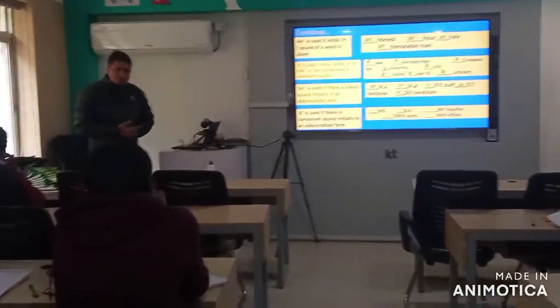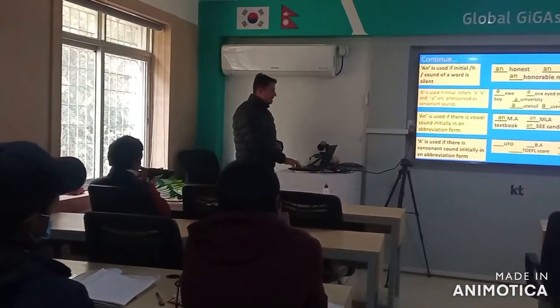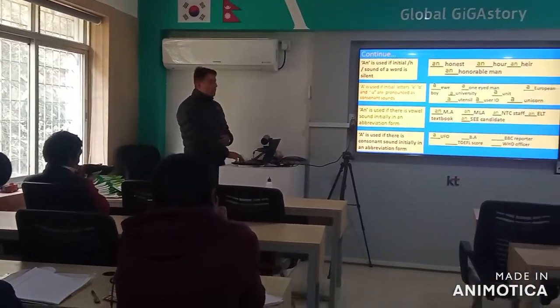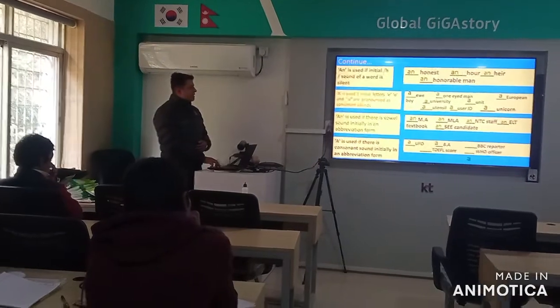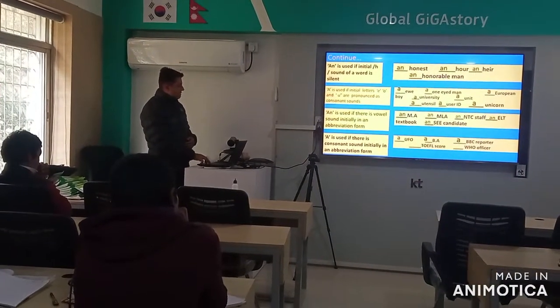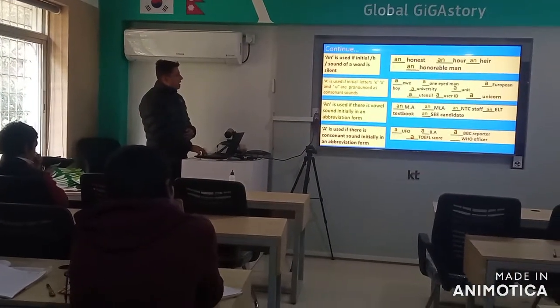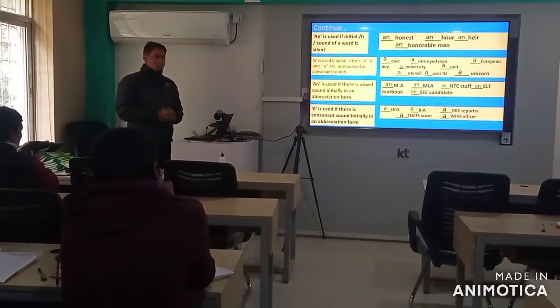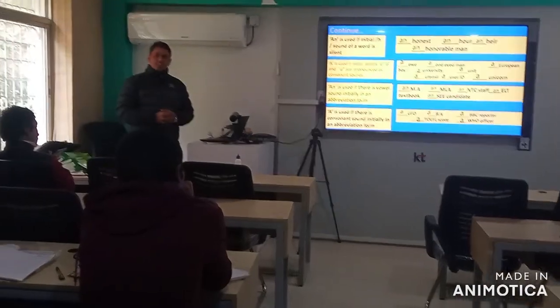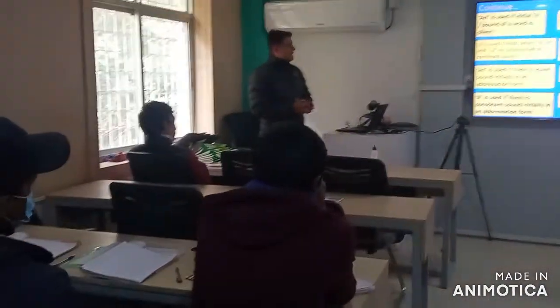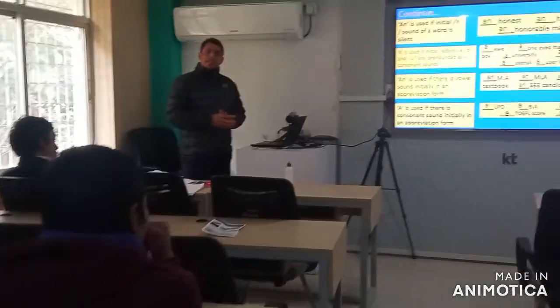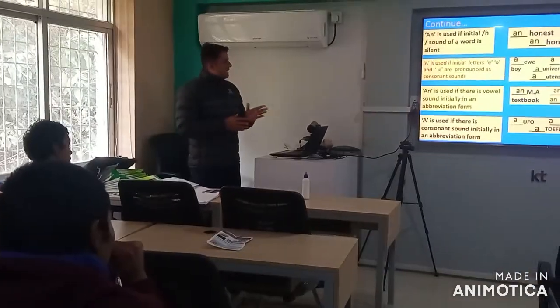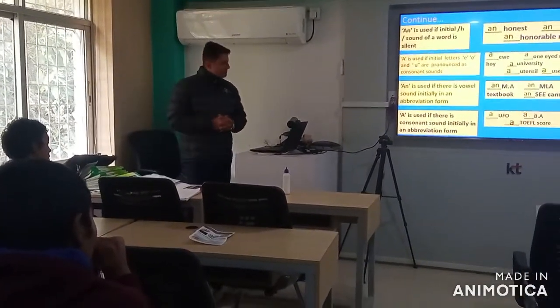So what do we have to use? Okay, let's have a look. A UFO, then a BA, a BBC reporter, a TOEFL score, and a WHO official, right? World Health Organization, right? So these are all abbreviation forms, and we use the indefinite article "a" accordingly, right?